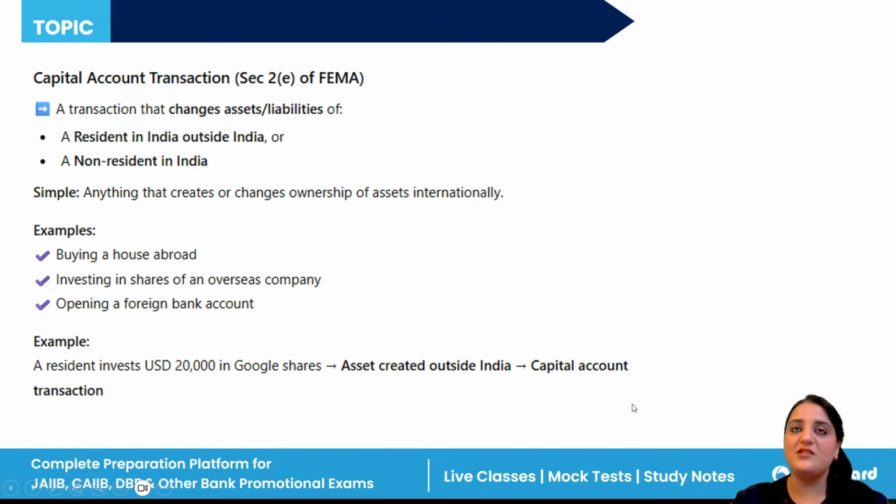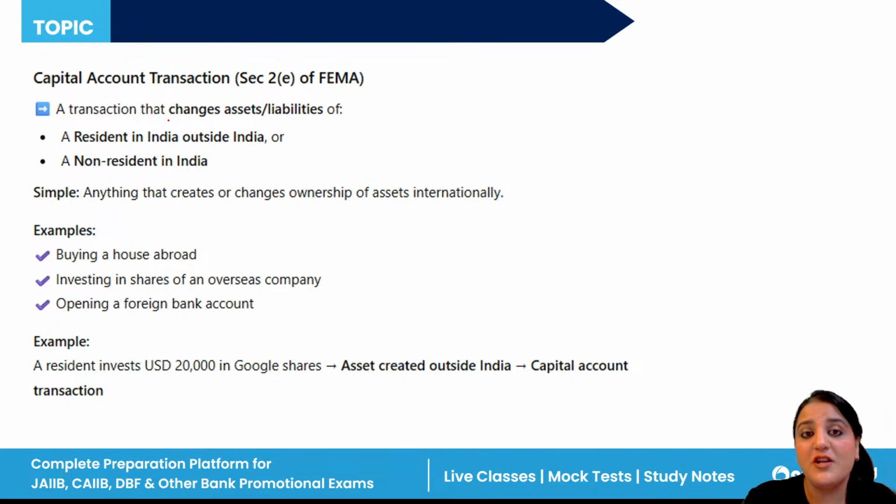First we have to understand the meaning of capital account transaction and the meaning of current account transaction. See, whenever anything alters assets and liabilities, that is called a capital account transaction, right?